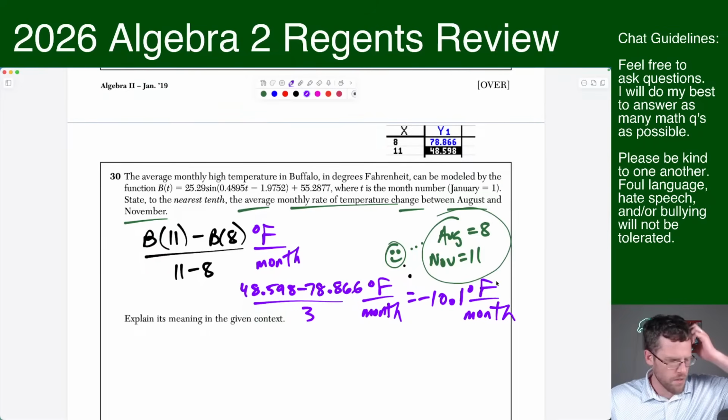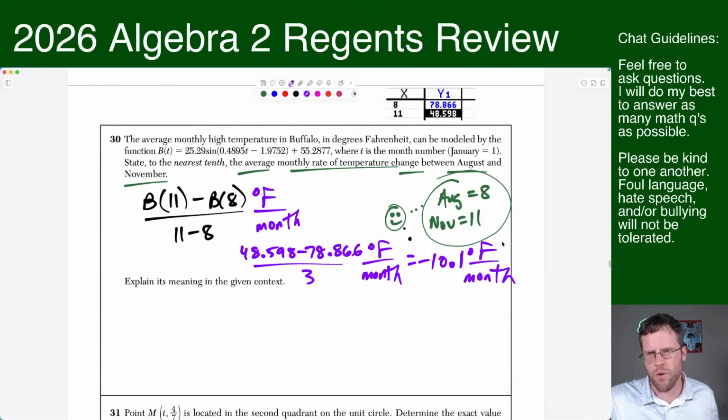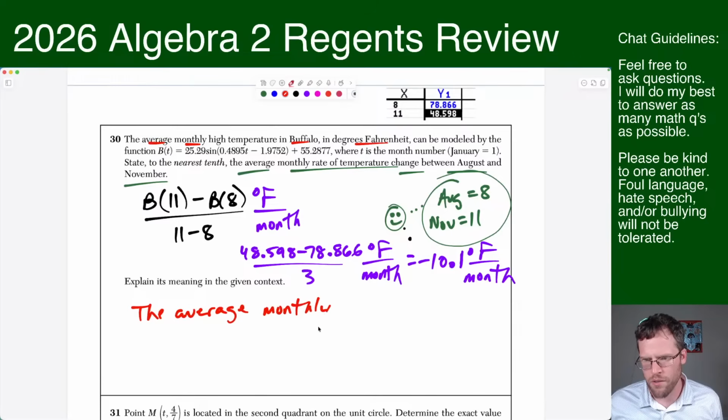Okay, and explain what this means in the given context. So then you just reread the question again. The average monthly temperature in Buffalo in degrees Fahrenheit can be modeled by B of t. So this just tells us the average monthly temperature in Buffalo. So since the average rate was negative, that means decreasing.